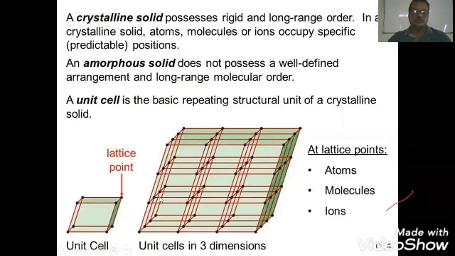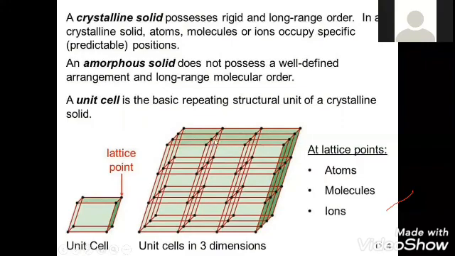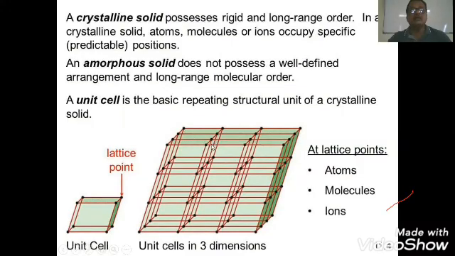So this type of structure, which represents the positions of the particles in a crystalline compound, is called a space lattice. It is an array of points or dots representing the particles present in a crystalline compound and their relative positions.